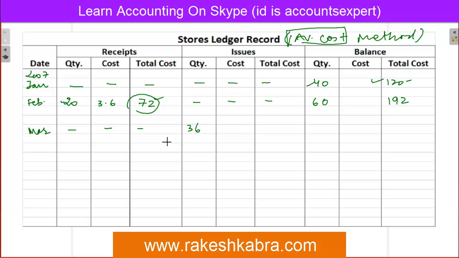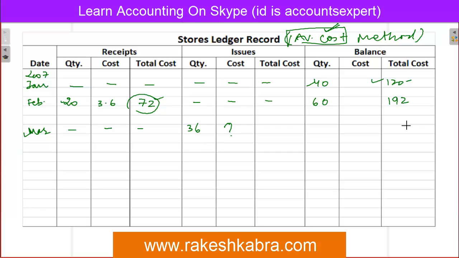So what rate are we to consider? That rate we have to compute, and that average cost method we have to apply. So for that, see what we will do. In the month of March we are selling 36 units, isn't it?